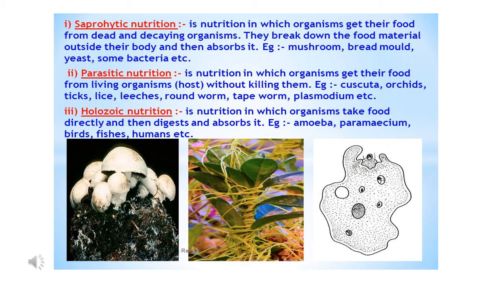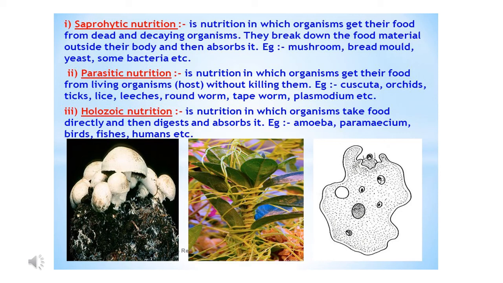So the living organism is their host. Without killing the host, they are actually living on the body of the host or inside the body of the host. The examples are cuscuta, orchids, ticks, lice, leeches, roundworm, tapeworm, plasmodium, etc.